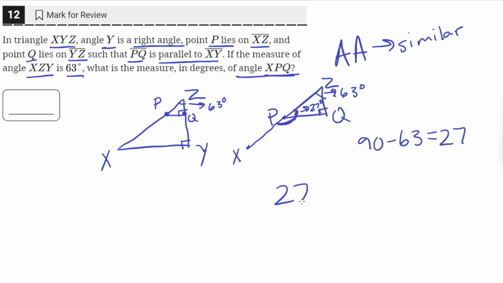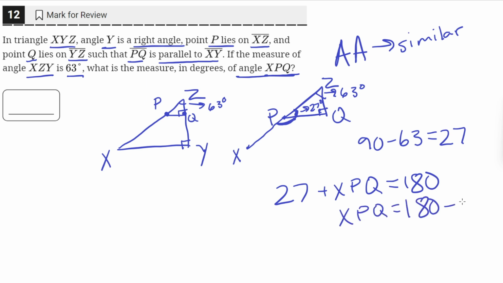So that means 27 plus whatever this angle is, the XPQ angle, has to add up to 180. So that means XPQ has to equal 180 degrees minus 27 degrees. So that means XPQ has to equal 153. So the measure of angle XPQ is 153 degrees.